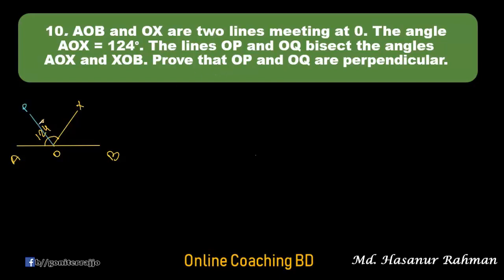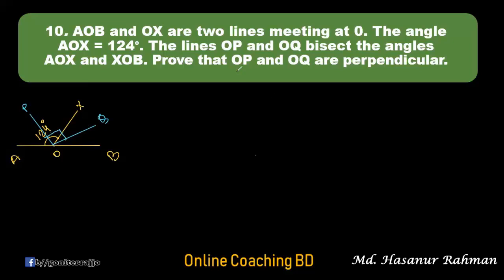So the line OP bisects angle AOX and another line called OQ also bisects angle XOB. Now we have to prove that this POQ is 90 degree or right angle.